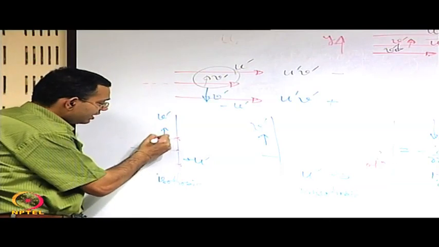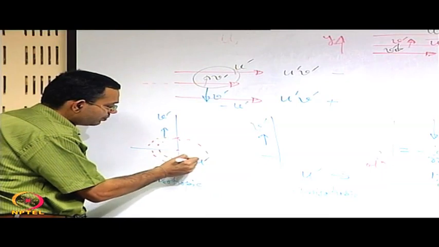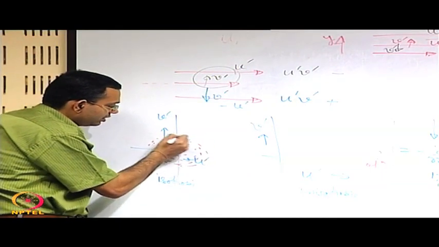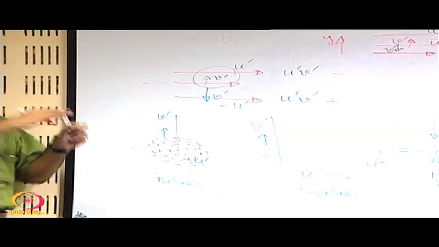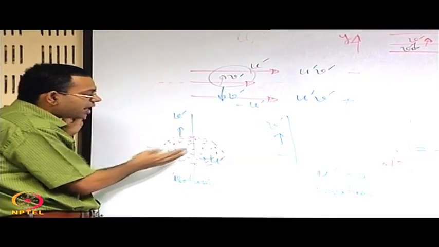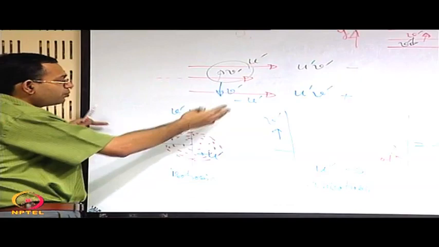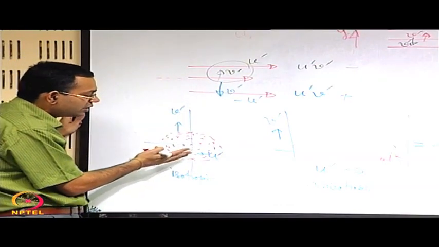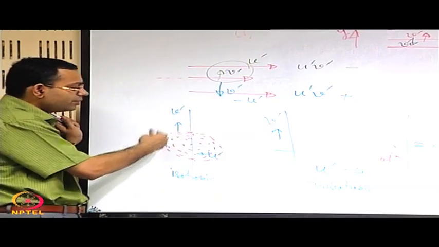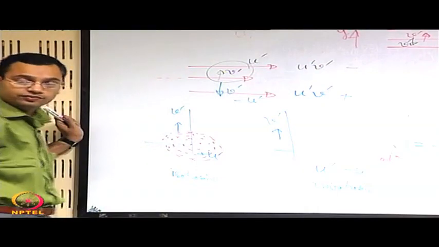So, if you draw a scatter diagram with such points, the scatter diagram will look circular, and the reason is straightforward: it does not have any bias towards a coordinate axis. You rotate the coordinate axis, you will have a new u prime, a new v prime still orthogonal to each other, it is perfectly circularly symmetric. So, this will be the scatter of the data. On an average, u prime v prime average will be 0.